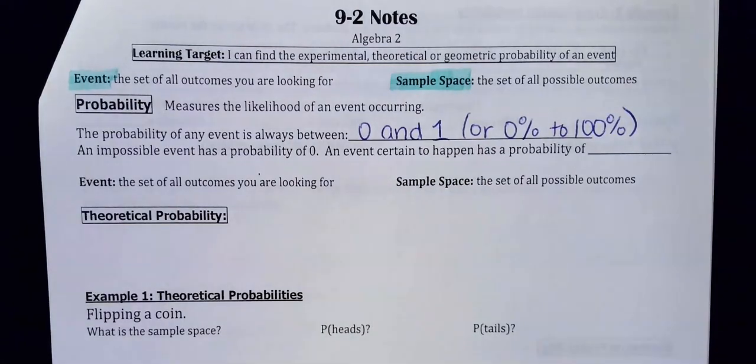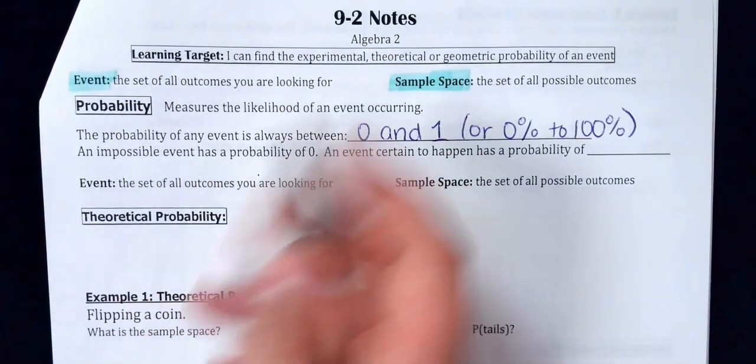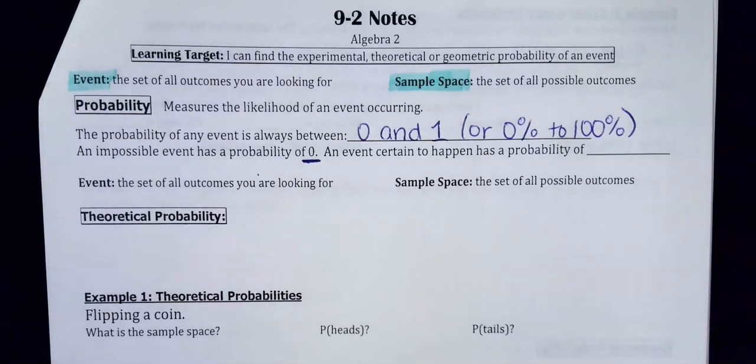The 0 corresponds to 0%, the 1 corresponds to 100%. Right underneath this, it says an impossible event has a probability of 0. So something that can't happen. I'm trying to think of a little example. If I flip a coin, I'm only going to get heads or tails. So if I flip a coin and ask what's the probability I roll a 1 on a die, that's not going to happen because I'm flipping a coin.